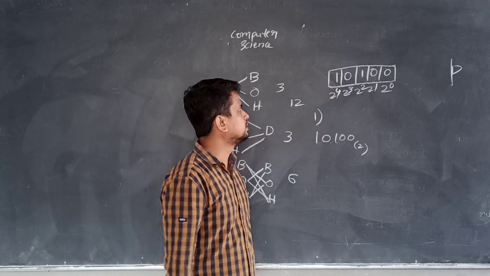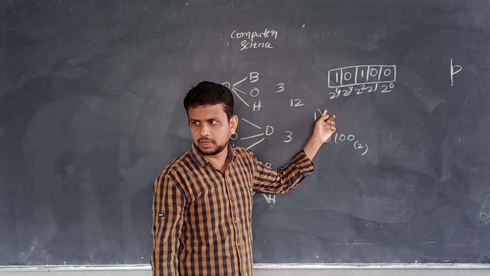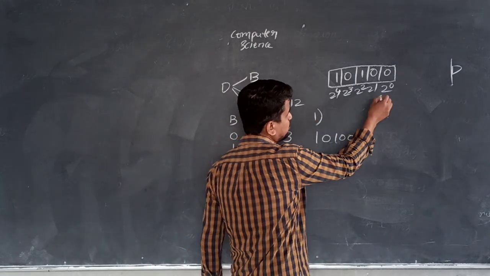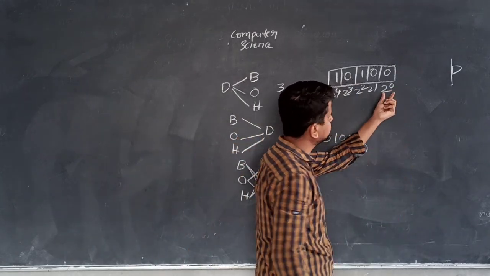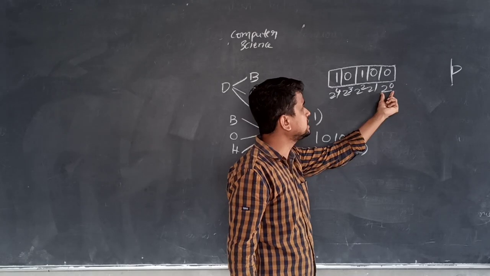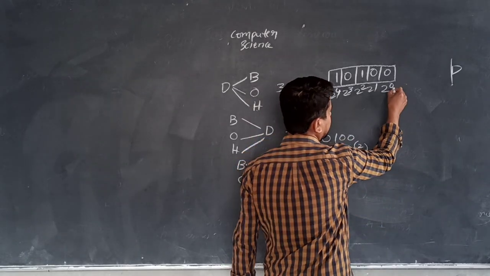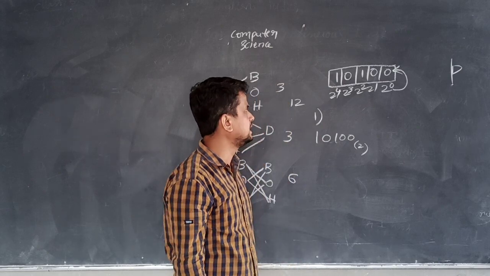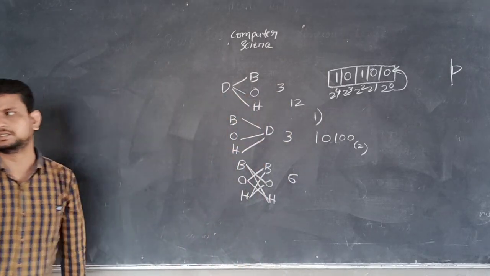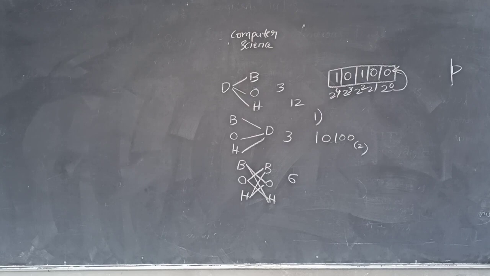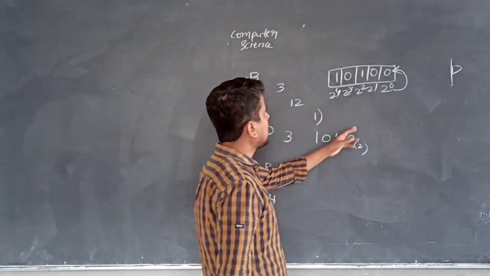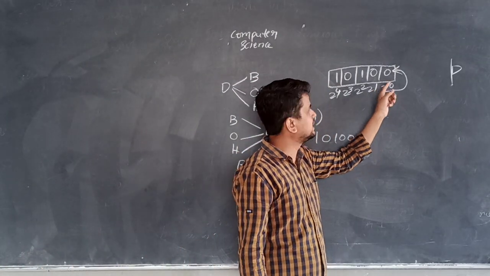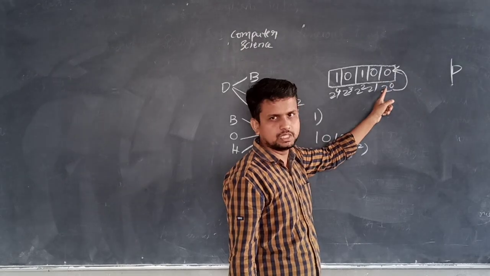So here the first step is multiply each bit by its positional weight. So this is what, 2 power 0 is a positional weight. We are multiplying this positional weight with this binary digit. So now I am multiplying each digit by its positional weight.